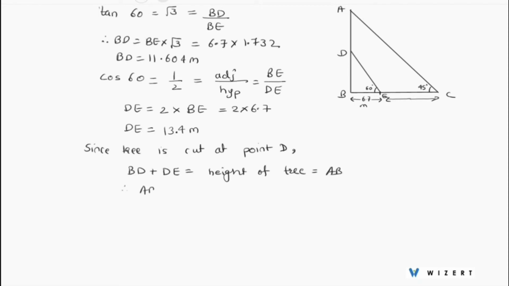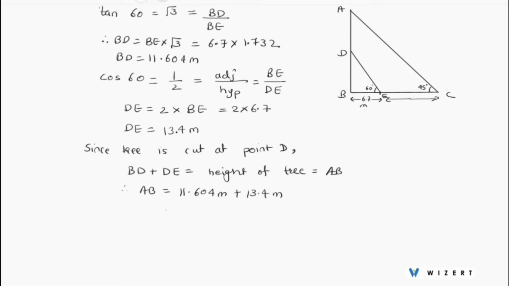Therefore we get AB is equal to BD, which we found as 11.604 meter, plus DE, which we found as 13.4 meter.